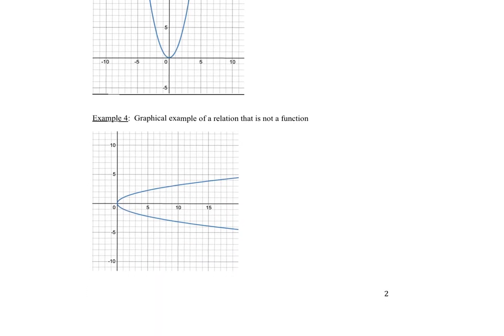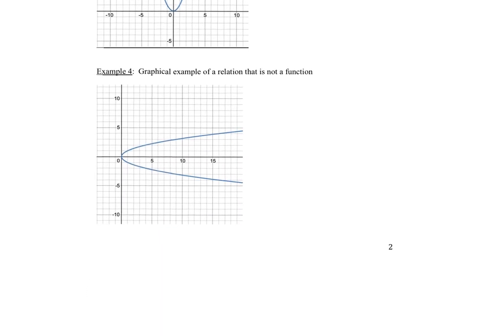In example 4, we'll look at the graph of a curve, and we'll see that this curve does not correspond to a function. So let me draw a vertical line, but I'll draw it to the left of 0 over here. I'll draw it like this.